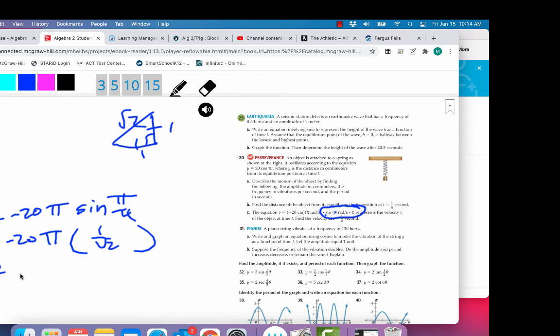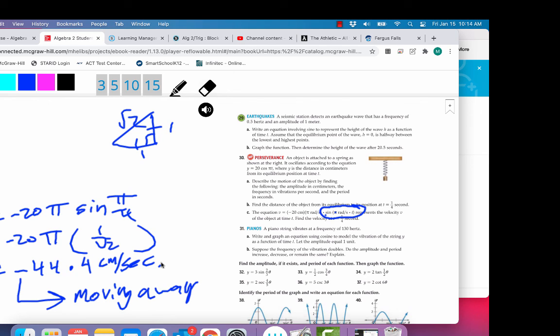Now, if you've taken any science courses and they've talked to you about velocity, negative just means that it's moving away or moving down. So it's going 44.4 centimeters per second, but it's moving down.